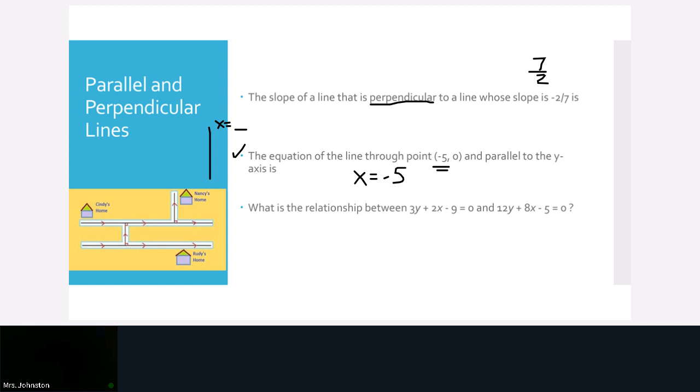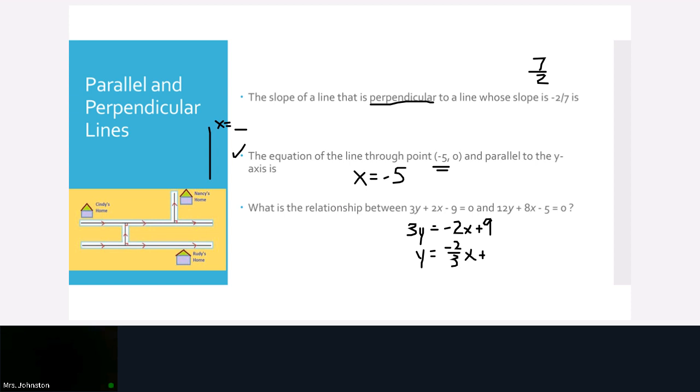So instead of 3y plus 2x, I'm going to subtract the 2x from both sides, and add the 9 to both sides, then rewrite that equation in slope-intercept form by dividing both sides by 3. So negative 2/3 x, and 9 divided by 3 is 3.